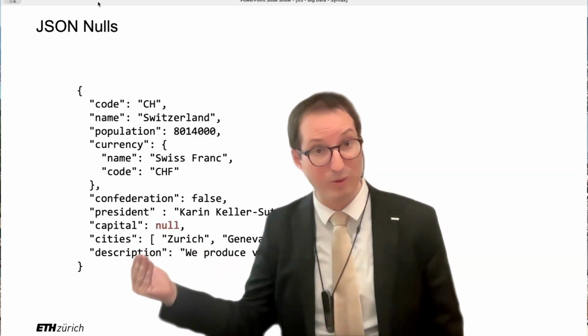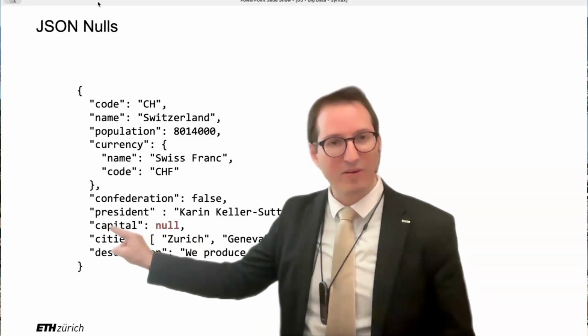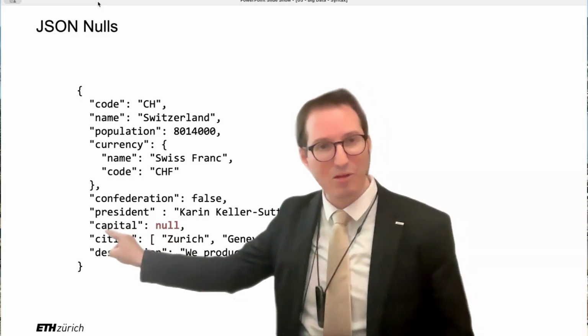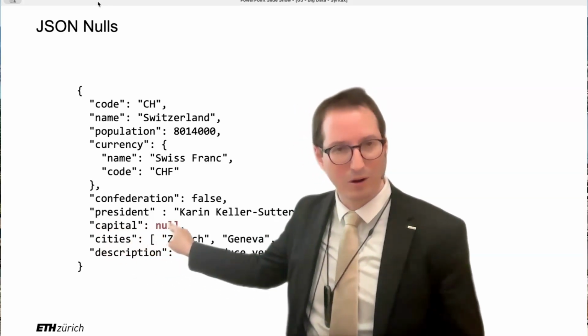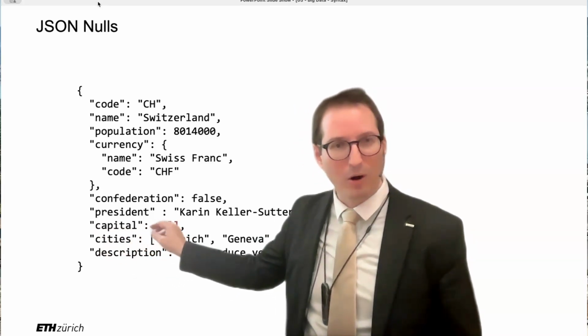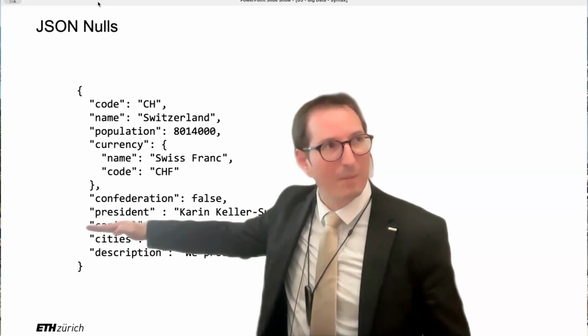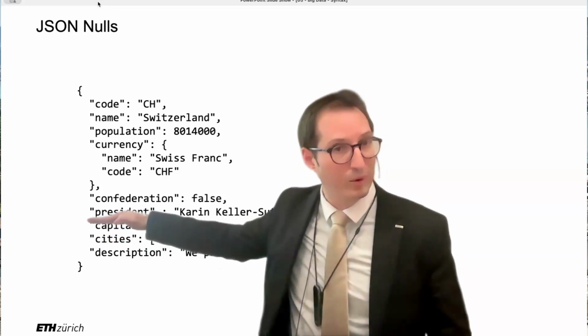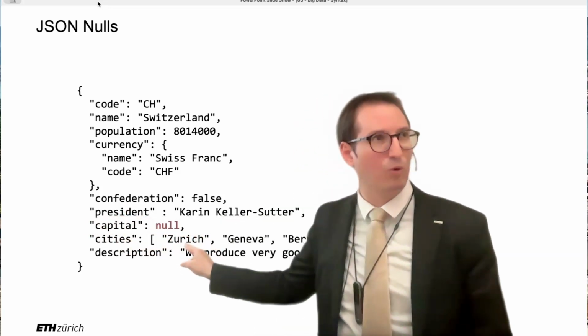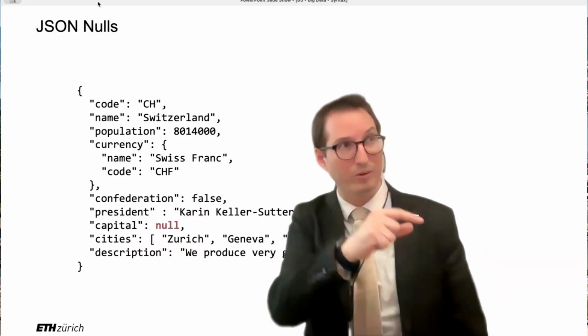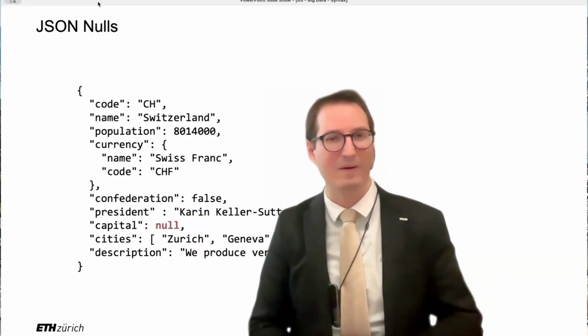The attributes are on every row. But in JSON, you can actually do two things. You can either say capital colon null, or you can completely remove it. But in JSON, that's different. To remove the key completely or to say it's equal to null. So you have a difference that you don't have in SQL. So it's a small subtlety.